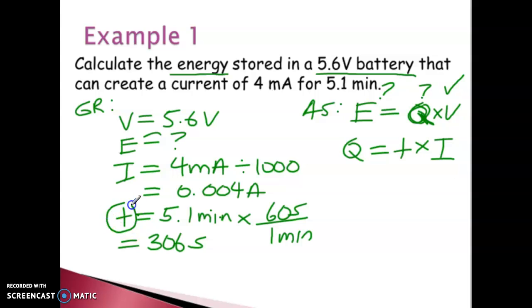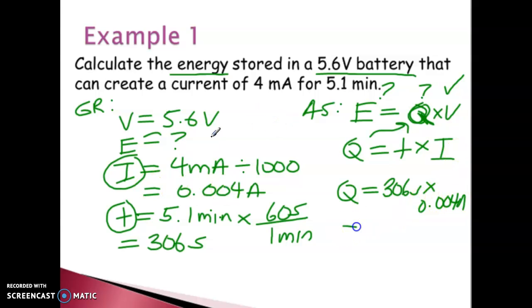Because we have time and we have current, we can solve for Q here and then plug it in to solve for E. So Q is equal to 306 seconds times 0.004 amps.